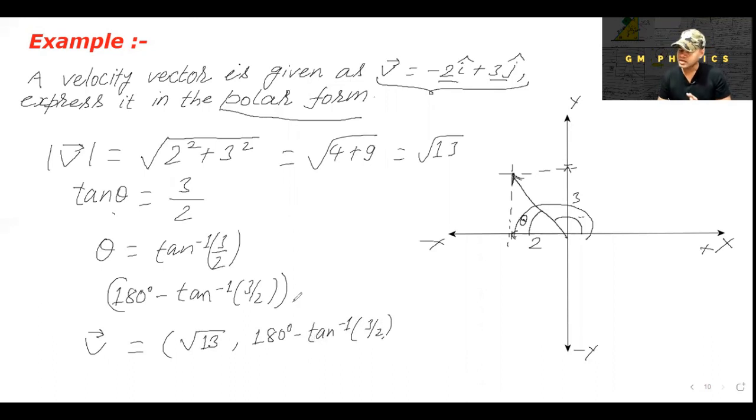If it is not given, you can write it as it is. For standard angles like 30, 45, 37, 53, 60 degree, you can write the values, but for others you don't need to, until and unless it is given in the question. You can leave it the way it is. So the polar form representation is root under 13 units, 180 degree minus tan inverse 3 by 2. This is the polar form representation of the velocity vector, which is given in rectangular coordinate form.